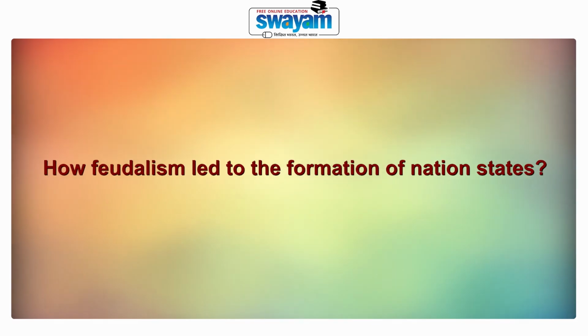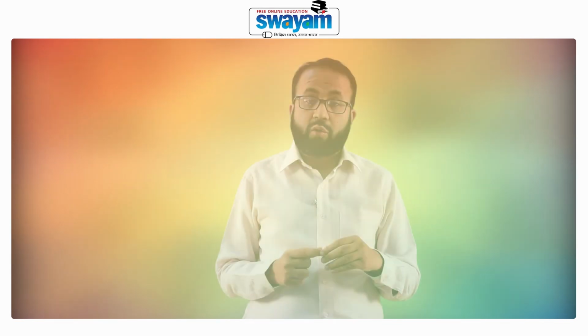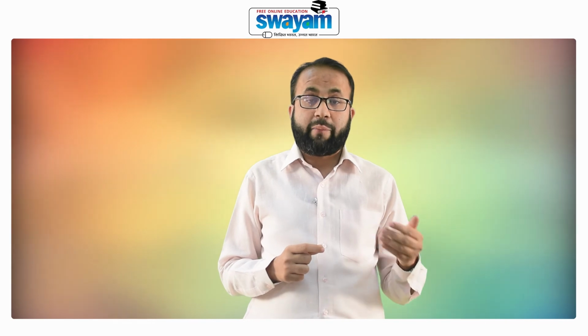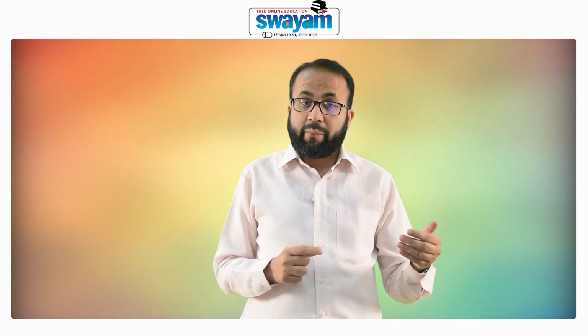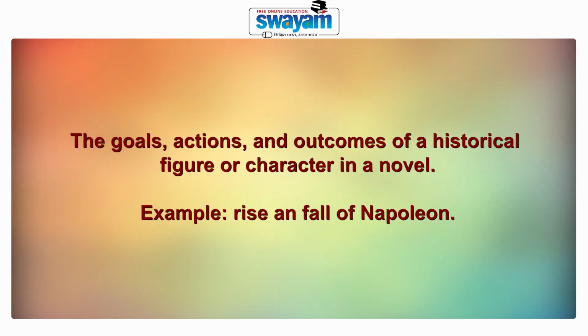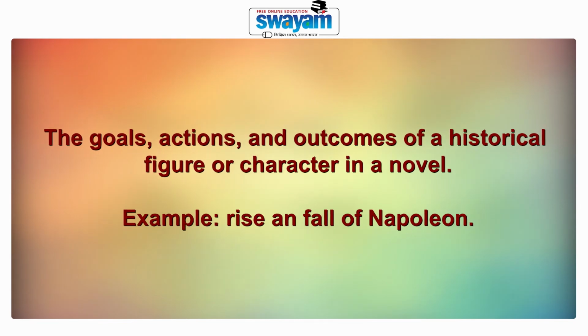That is how feudalism led to the formation of nation states. So, that is an example of a sequence of events happening at different times that leads to a final event, or the goals, actions and outcomes of a historical figure or a character in a novel.